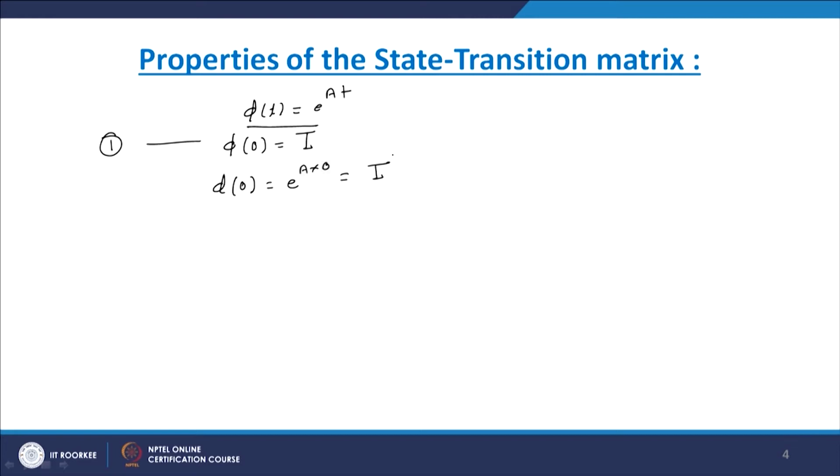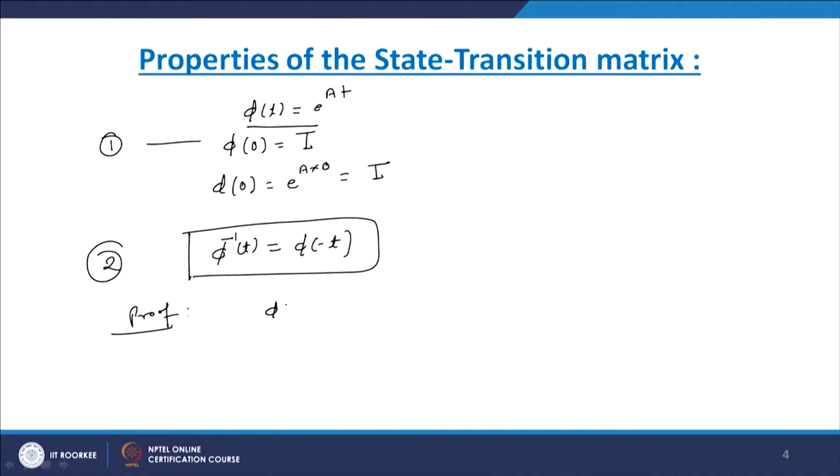Now, the second property, we have to prove phi inverse of t equal to phi of minus t. Now, how will you prove this one? We start with the same equation, phi of t equal to e raised to a t.